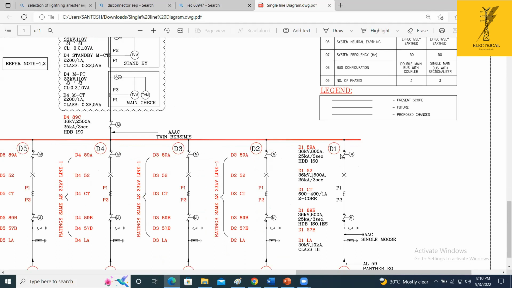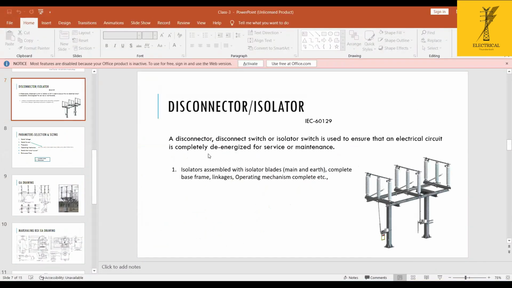So I have to open both of these isolators to attend the maintenance work. Isolators are devices which operate only in no load condition, and they ensure the person can work safely, with the electric circuit completely de-energized for service or maintenance.